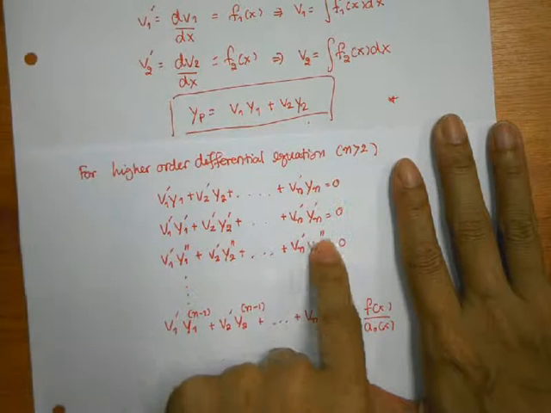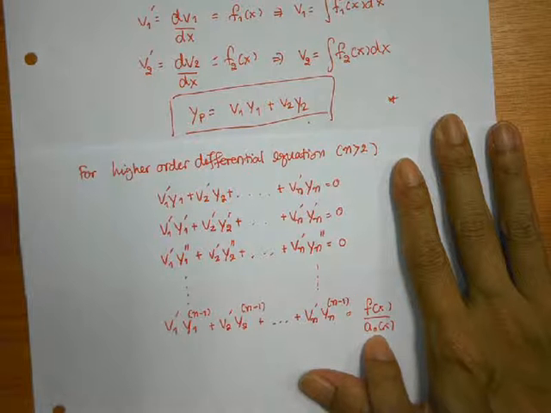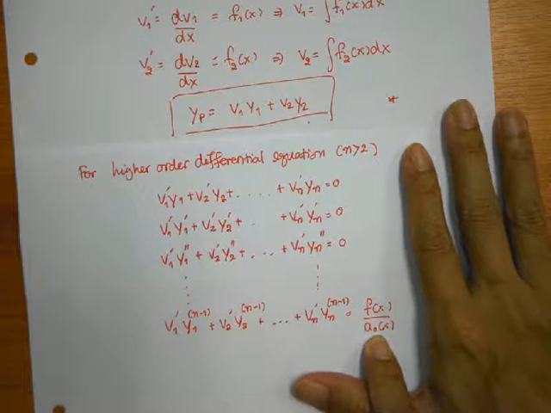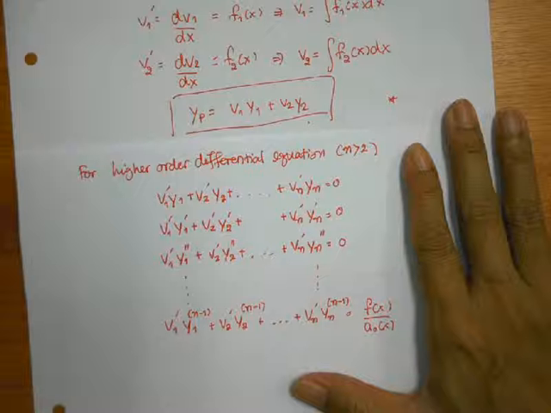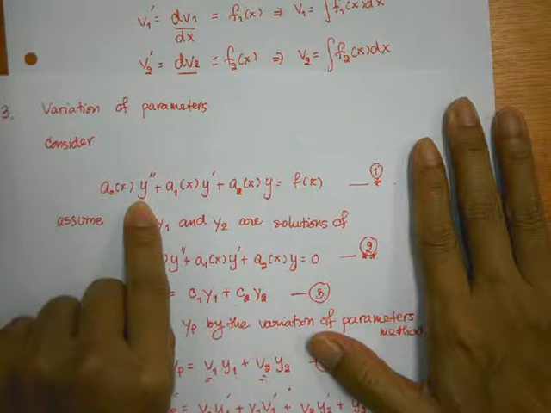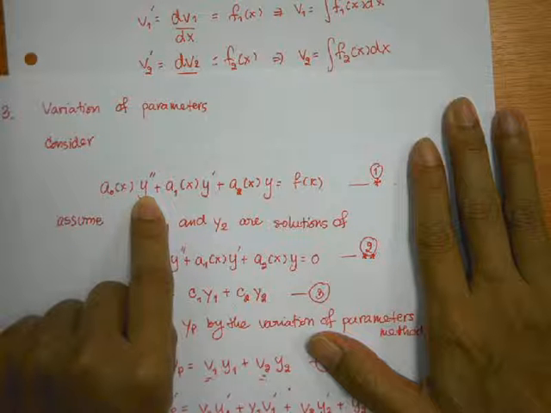Every equation is equal to 0 except the last equation, which is equal to f(x) divided by a0(x). a0(x) is defined as the coefficient in front of the highest differential term in your differential equation.